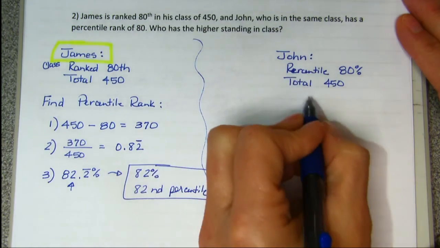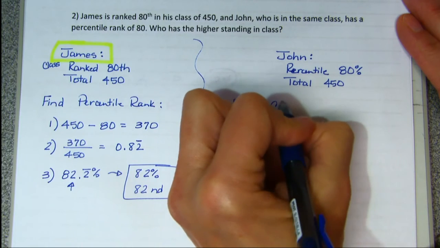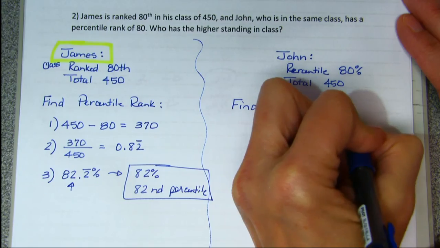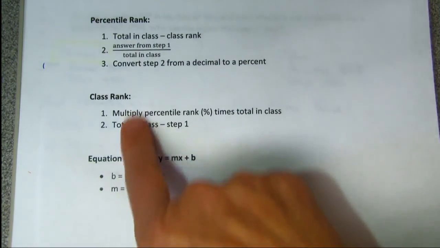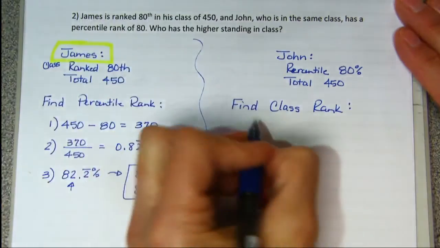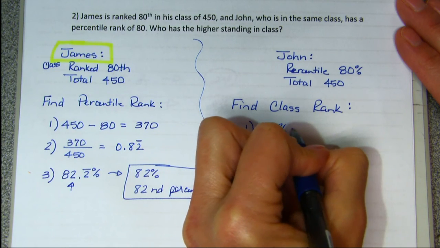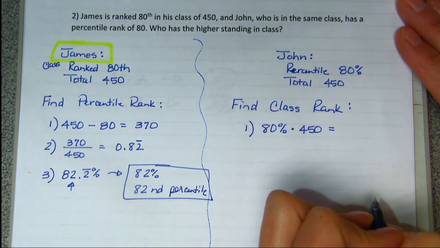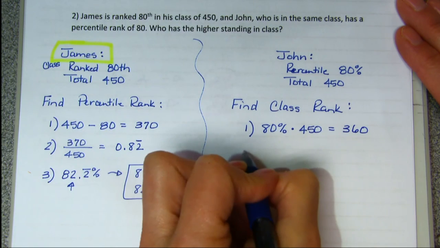Or you could take John and find John's class rank. And that would be, you're given the percentile, so now we're going to do these two steps with John. One, take his percent, 80%, times the total, and 80% times 450 is 360.